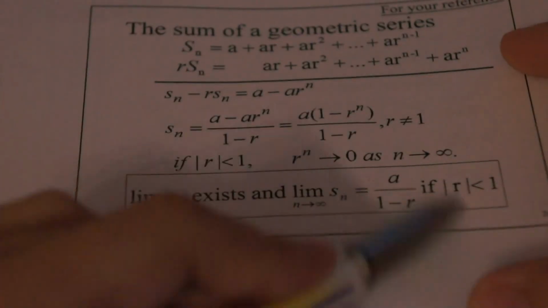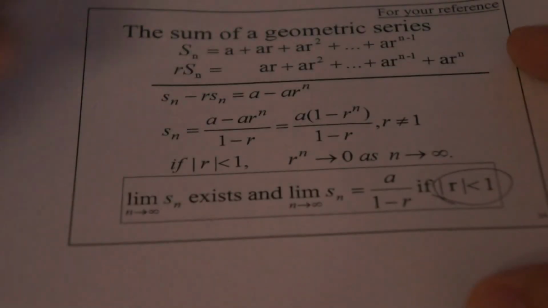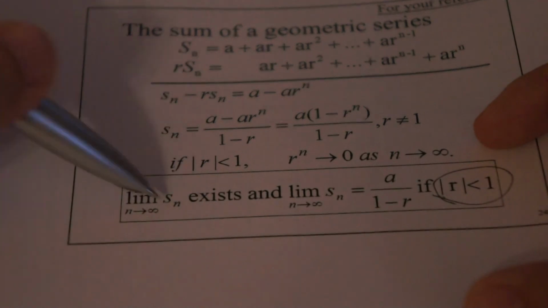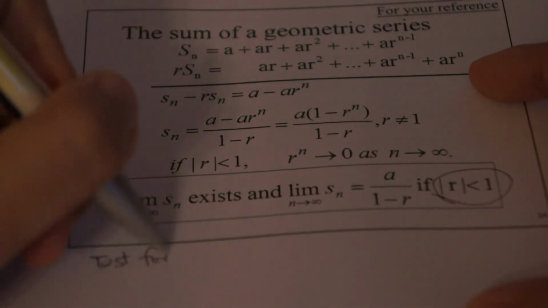Well, no matter what situation, you will see the final answer and the general purpose is that we got this one. Limit S_n exists if the absolute value of the ratio is smaller than 1, then the limit exists. Which means that we have to test for r.